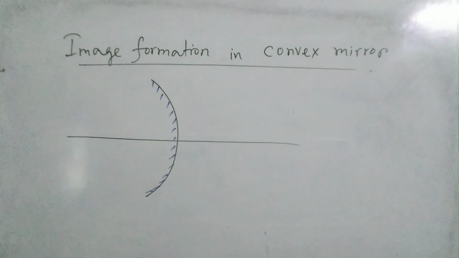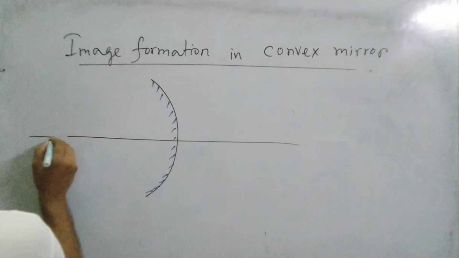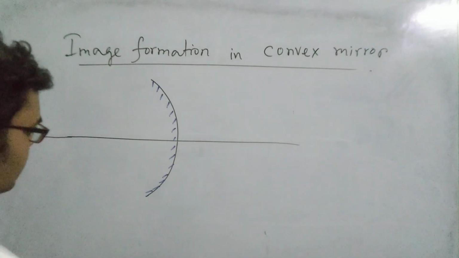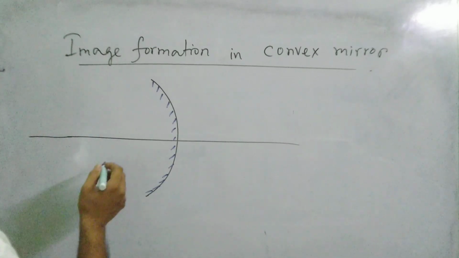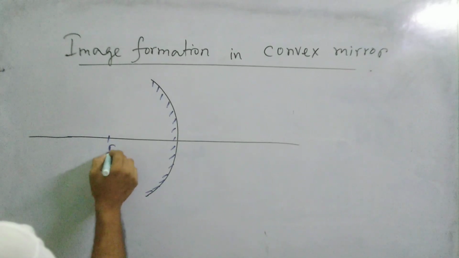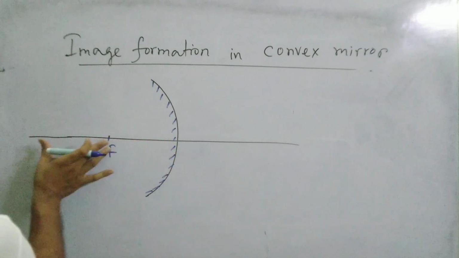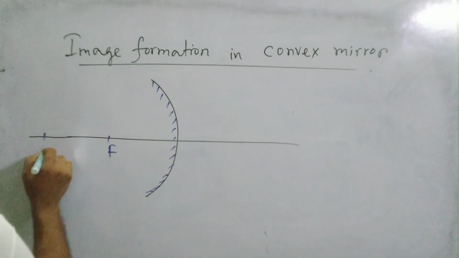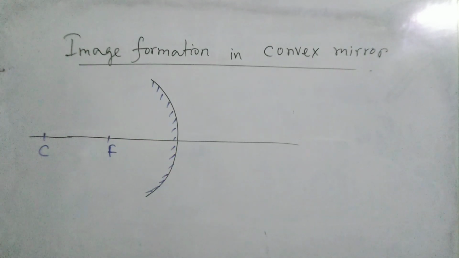Now, for a convex mirror, there are definitely a center of curvature and a focus, but they will be on the inner side of the mirror. Say if this is the focus of the convex mirror, then double the length, almost here, will be the center of curvature.